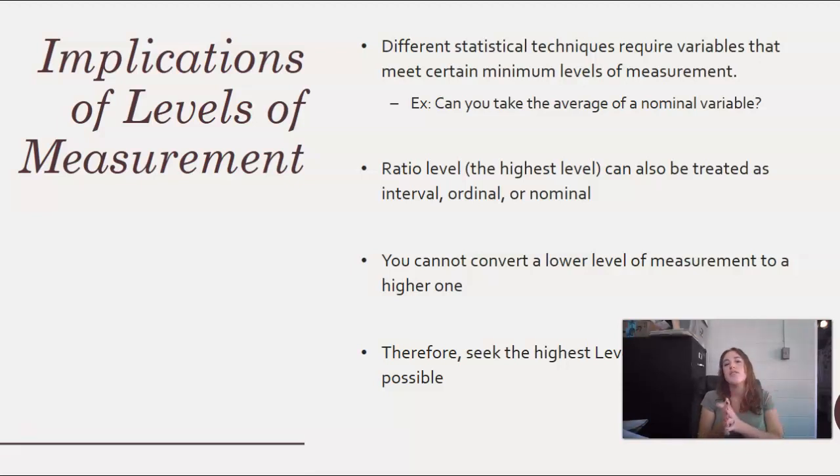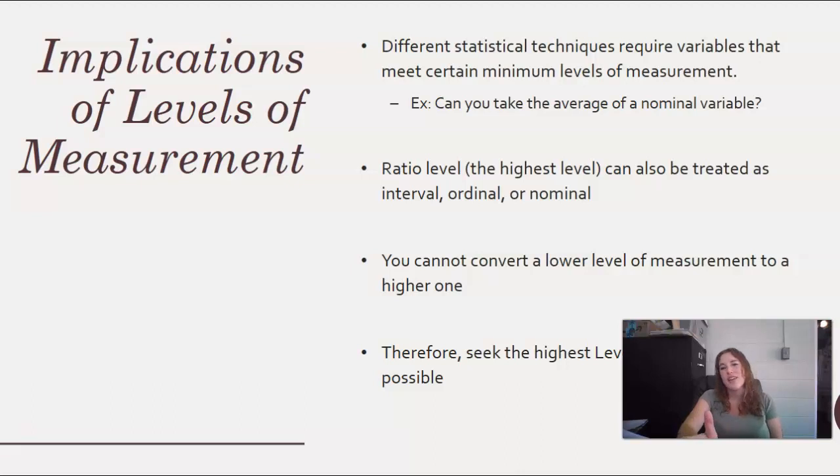So different statistical techniques are going to require that variables meet a certain minimum level of measurement. For example, can you average gender? No, not really. Let's say that, for simplicity, we're going to say that gender is male or female. Obviously, there are other categories that you can include in that, but we're just going to stick with male and female for our example.